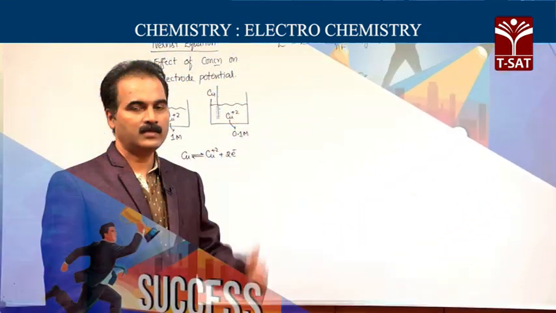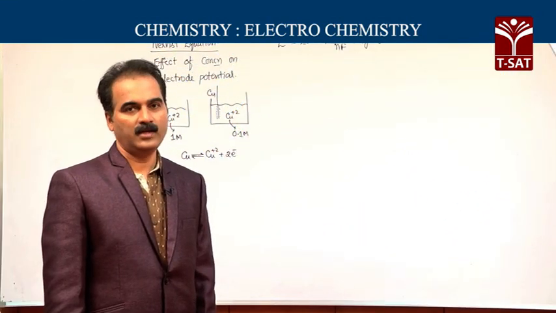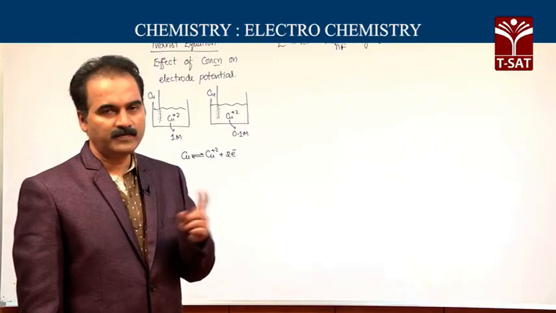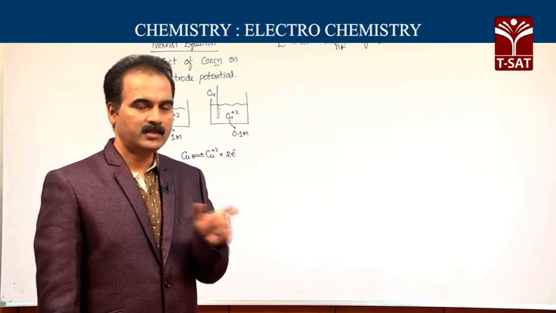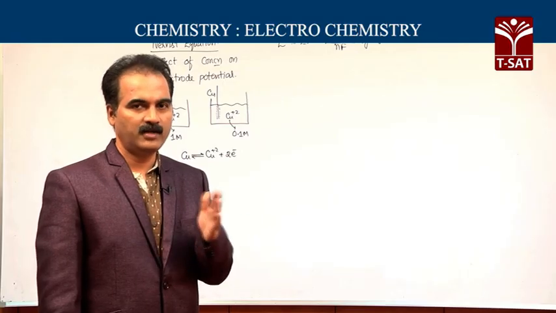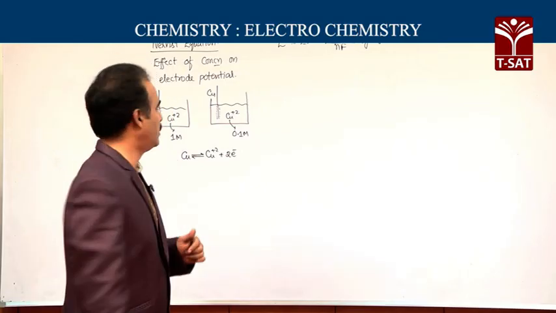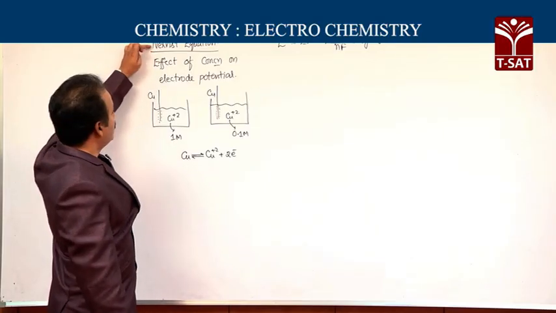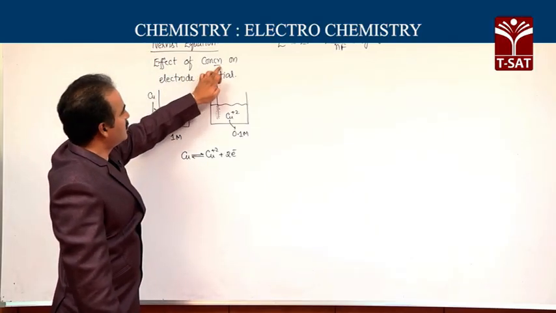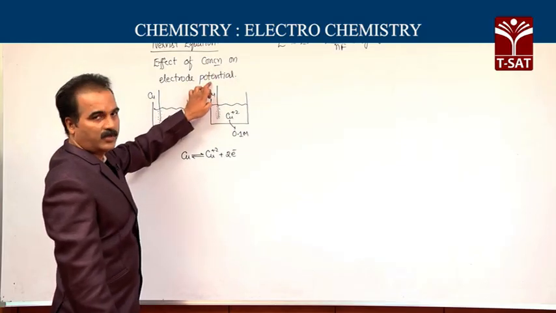Now let us see the effect of concentration on single electrode potential. Due to difference in concentration of the electrolyte into which the metal is dipped, the potential developed at the metal solution interface will be different. Now we are going to learn the Nernst equation. It describes the effect of concentration on the electrode potential.